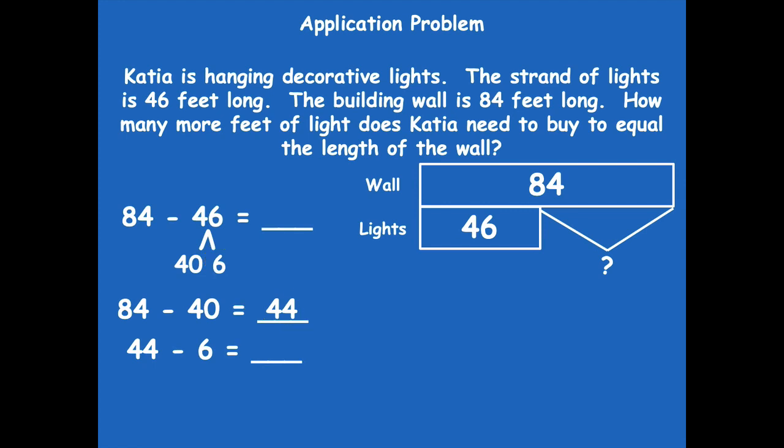If I have 44, I only need a 4 to be able to make that the next 10 as I subtract. So I'm going to break the 6 into 4 and 2. So now 44 minus 4 equals 40. Now I'm going to subtract that 2 that I have left. So 40 minus 2 equals 38.